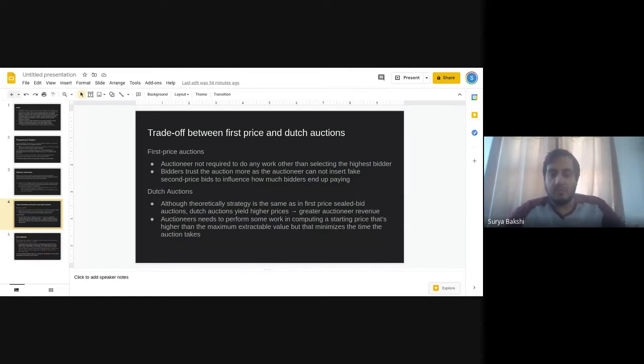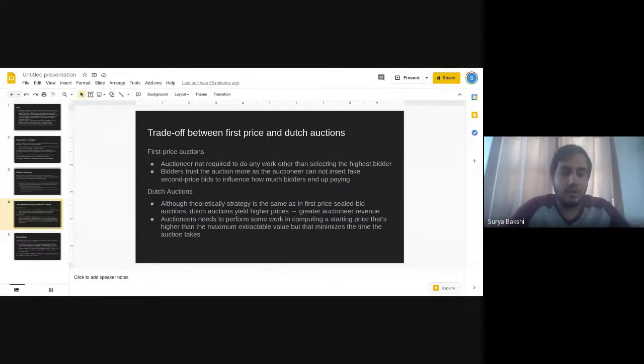In a Dutch auction, though, the miner has to do some extra work in setting the starting price of the auction to be high enough that it's more than the maximal extractable value of some transaction ordering opportunity, but not so high that these auctions take forever to yield some sort of a winner.